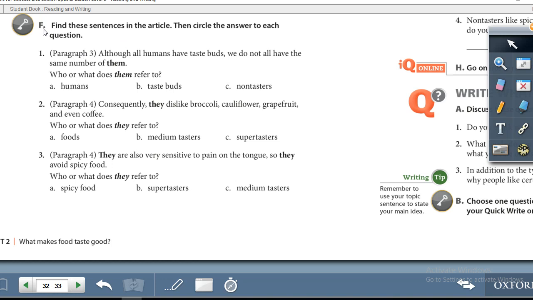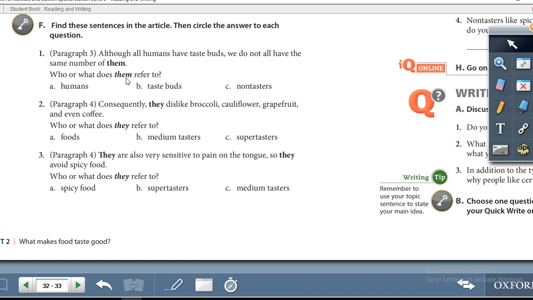Let's look at this exercise F. Find these sentences in the article, then circle the answer to each question. It tells you firstly which part of reading 1 you can find the answer. You can find it in paragraph number 3. The sentence is, although all humans have taste buds, we do not all have the same number of them.